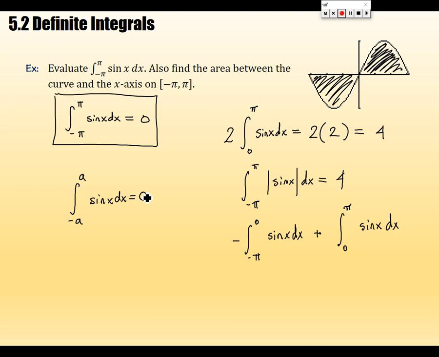So there's even more of a generalization you could give, and that's that this is true if f is an odd function. Yes? So we have some interesting things we're realizing here. What if f was even?